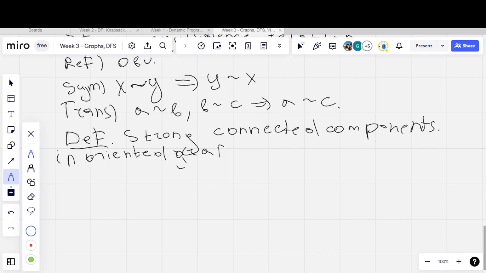Strong connected components in oriented graph are equivalence classes by tilde.